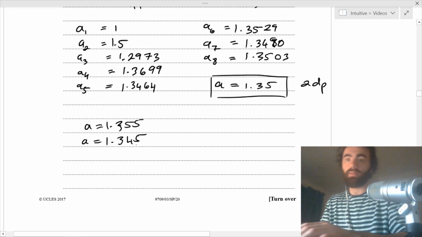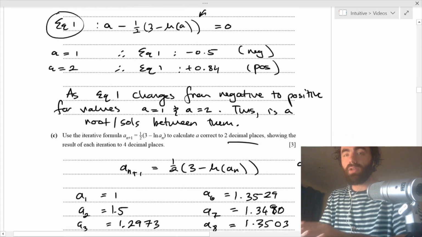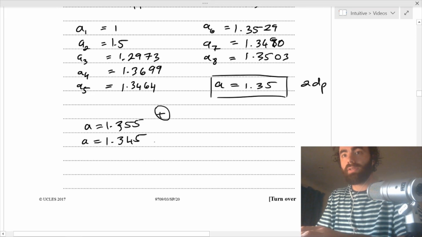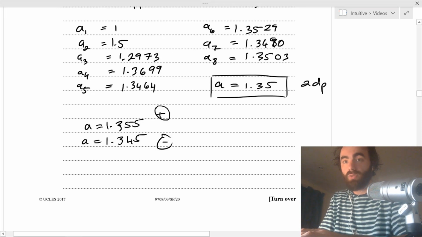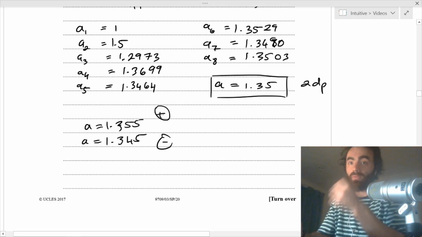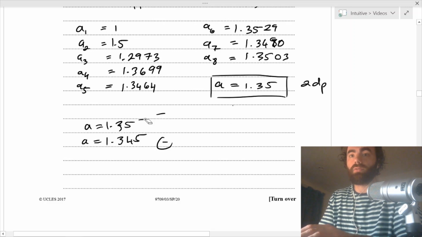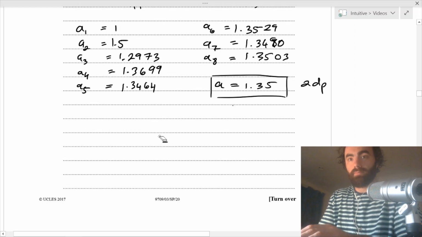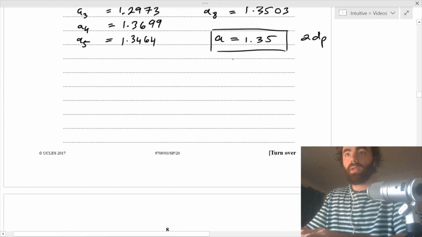I'm not going to do it, but let's say that was positive and that's negative. Well, that means it's switching in that tiny little interval between these two values. So it's reassuring that this is the solution. So a is 1.35. Okay, and that's that one.